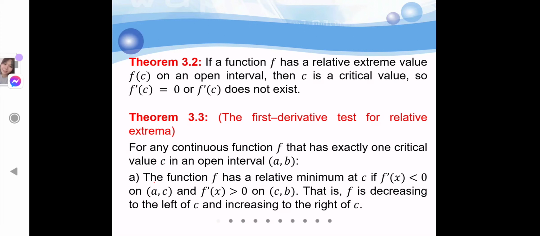That means c is in here, and on the left side of c, from a to c, f prime is negative. On the right side it is positive, so we have decreasing and increasing. This is a minimum value.